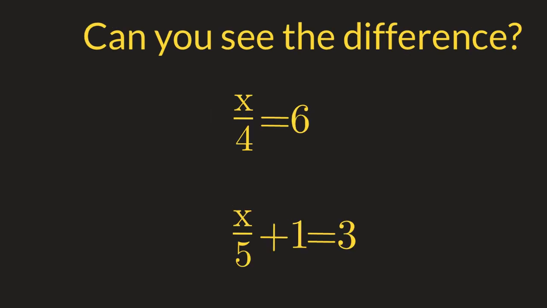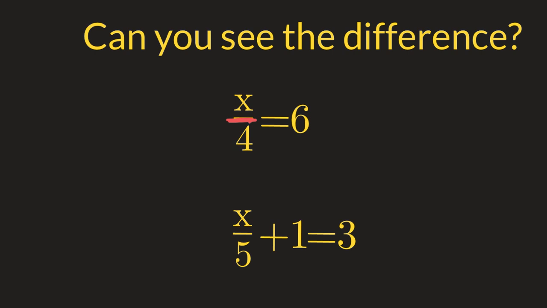Okay? First equation. X over 4 equals 6. What are we going to be solving for? X. What's the only other thing on the left side with that x? The 4, right? What's going on between the x and the 4? What does that bar mean right there?